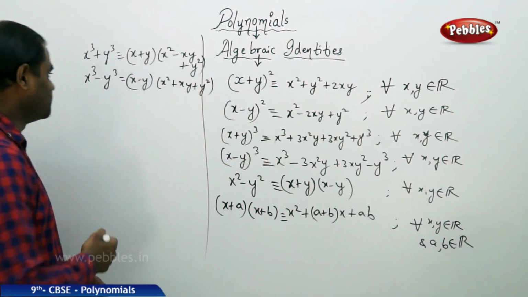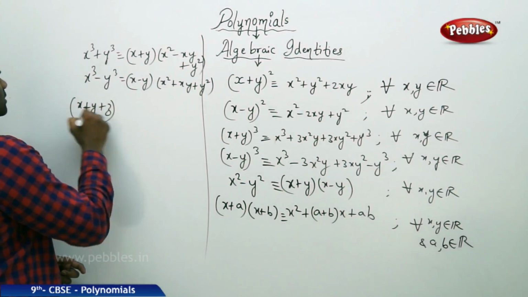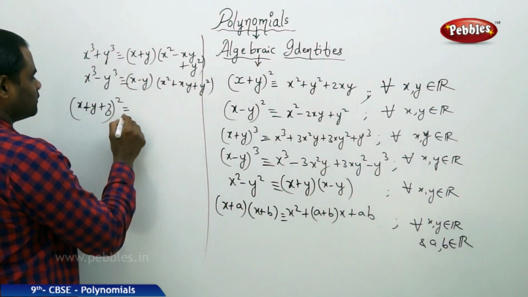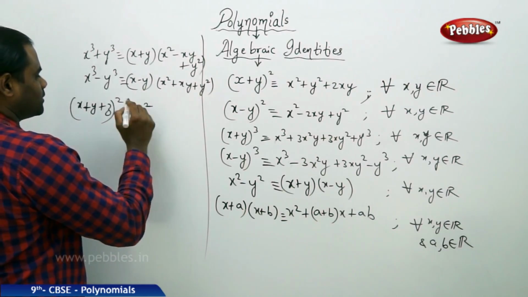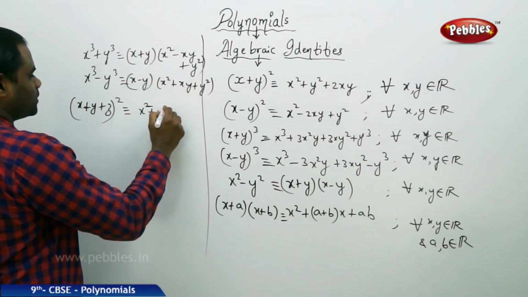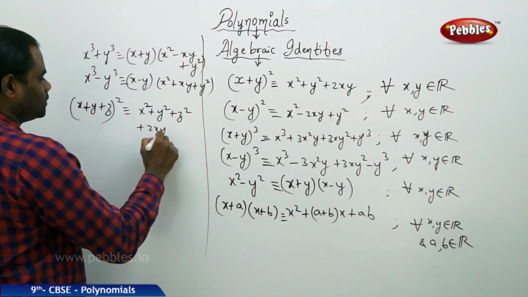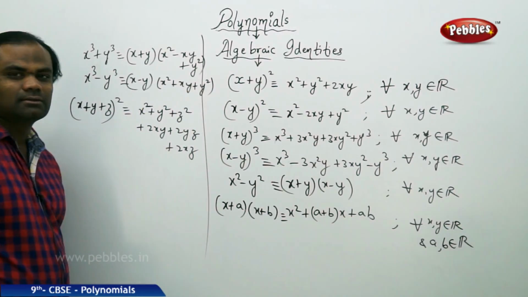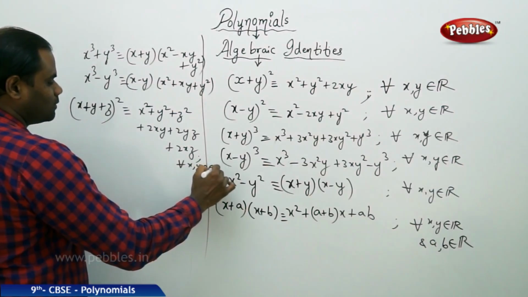What if I have three variables introduced, (x plus y plus z) whole square? Then this also can be identified to be an algebraic identity: x square plus y square plus z square plus 2xy plus 2yz plus 2xz for all the real numbers x, y, z.